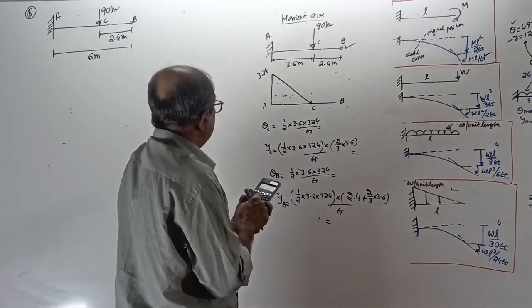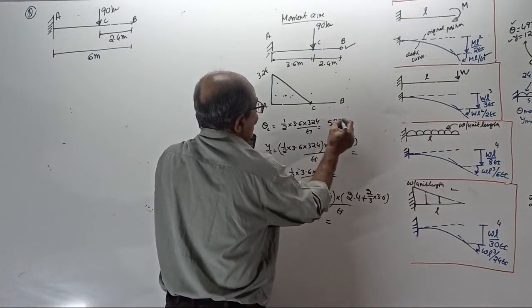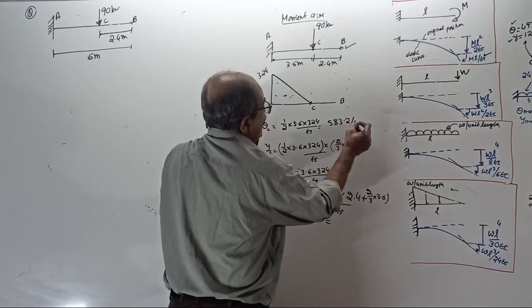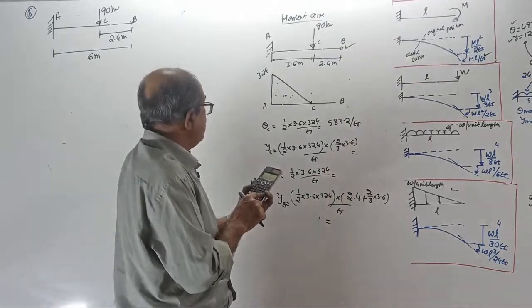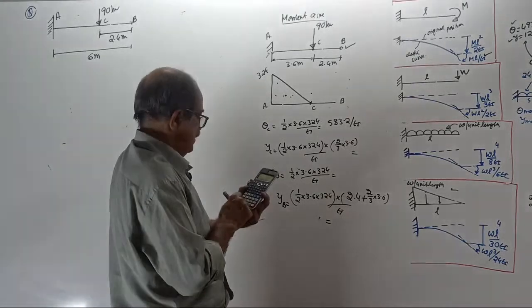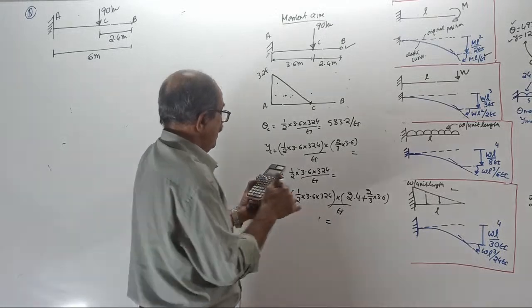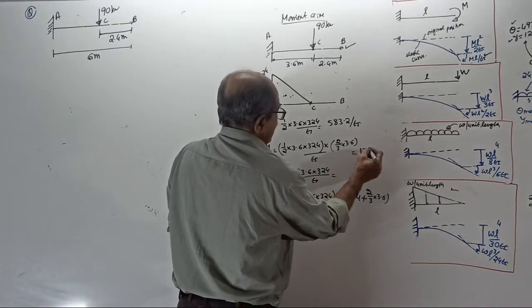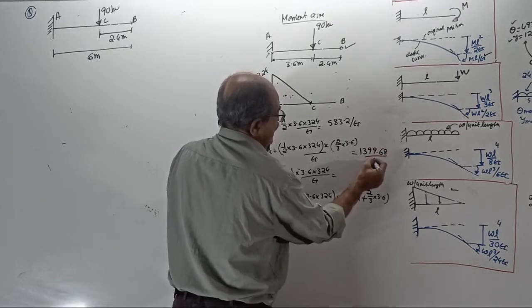Half into 3.6 into 324 gives 583.2 by EI radian clockwise. All you write. What is 583.2 into 2 by 3 of 3.6? 1399.68 by EI.